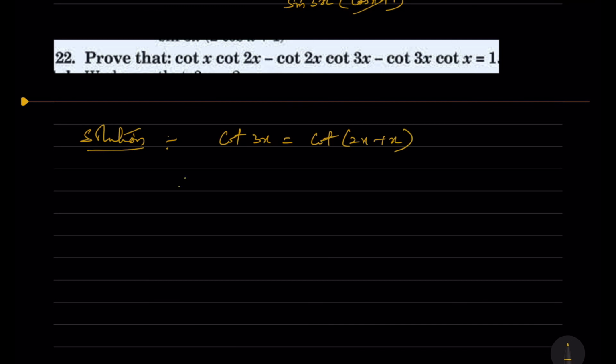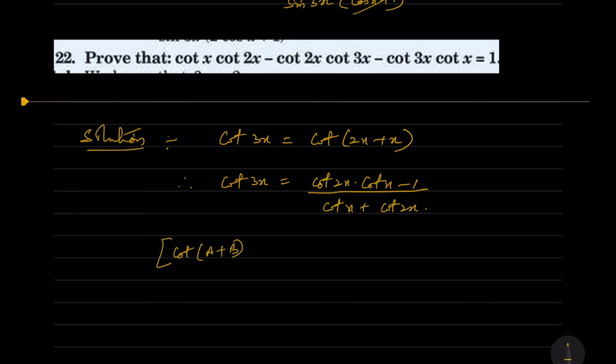Therefore cot 3x is equal to (cot 2x cot x − 1) divided by (cot x + cot 2x), because you know that cot(A+B) is equal to (cot A cot B − 1) divided by (cot A + cot B).